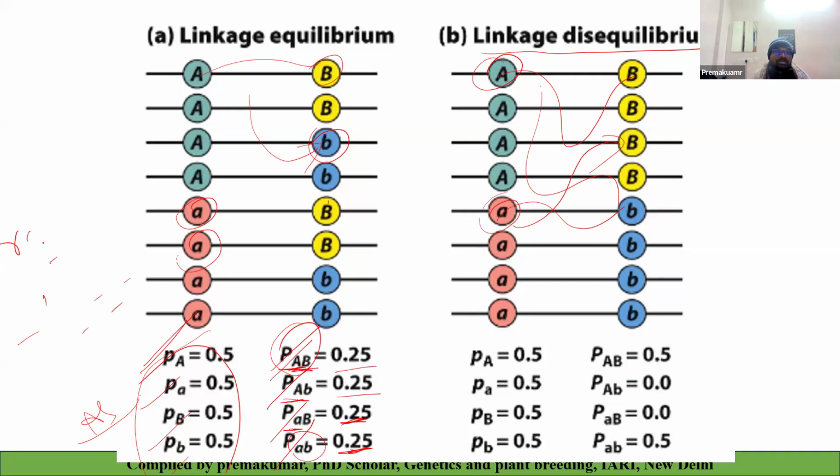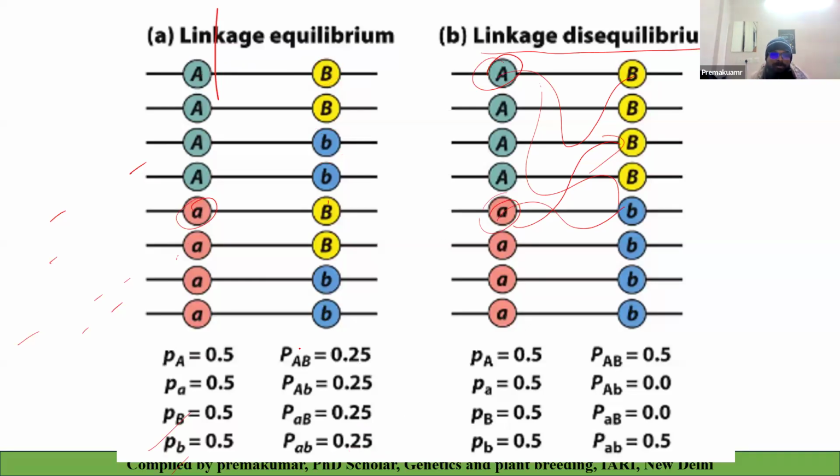It means the recombinant genotypic frequency is equal to the parental genotypic frequency. Then that is called the equilibrium situation. Recombinants are equal to parental gametes, because they will assort independently and they will recombine.